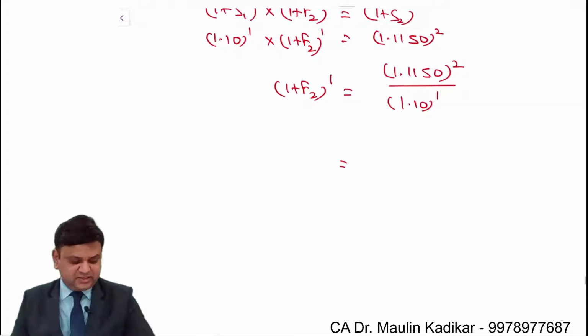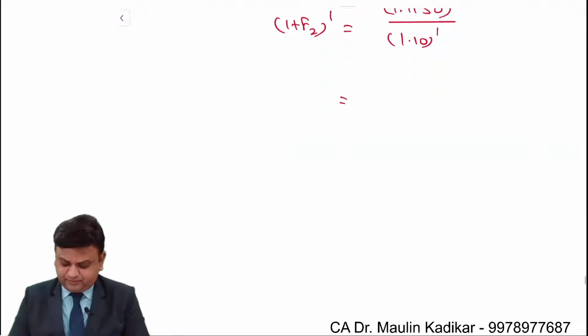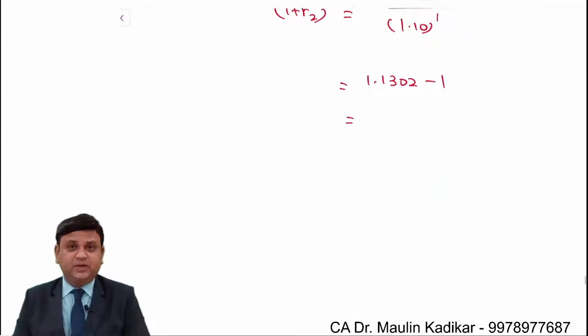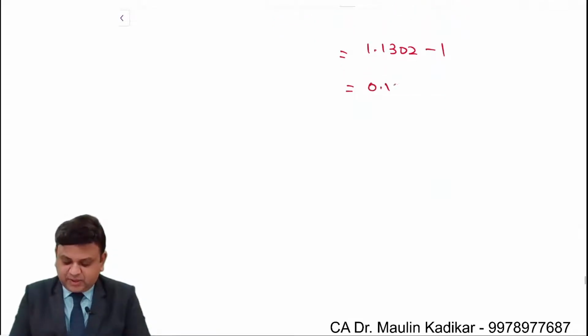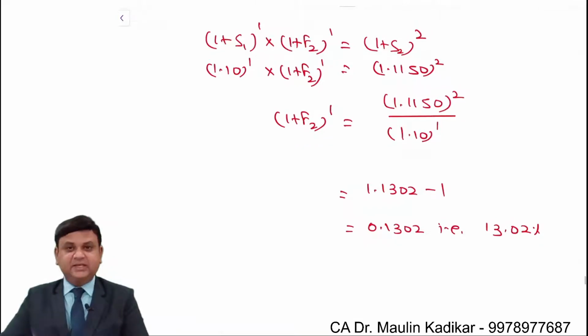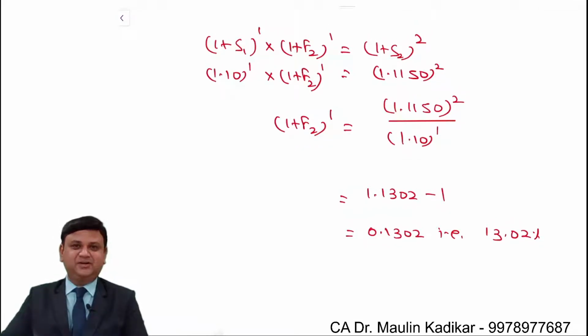So the answer is 1.115 into 1.115 divided by 1.10. So 1.1302 minus 1. So it is 0.1302, that is 13.02%. That is the way F2 can be calculated.